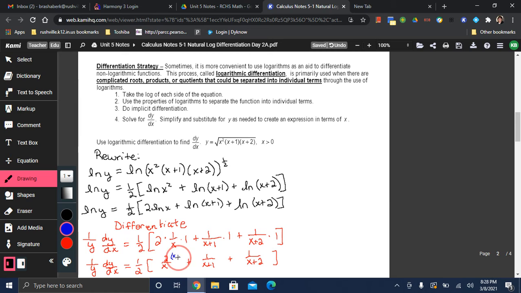So this first fraction would have to be multiplied by x plus 1 and x plus 2 in the numerator and denominator. This fraction would have to be multiplied by x and x plus 2. And your third one is going to have to be multiplied also by x and x plus 1.